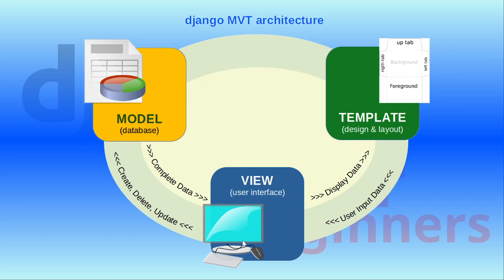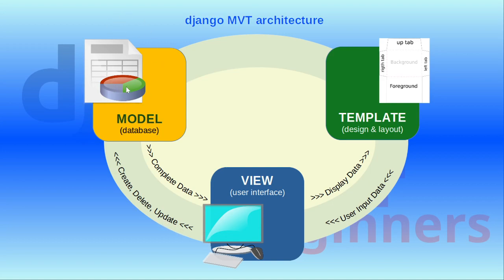The user will input data using a template, and the data they input will be put into the model, which is a database. This will create, delete, amend, adjust, or add and update the data.